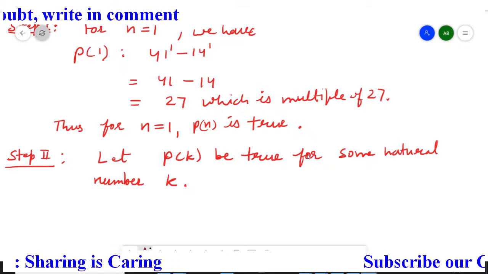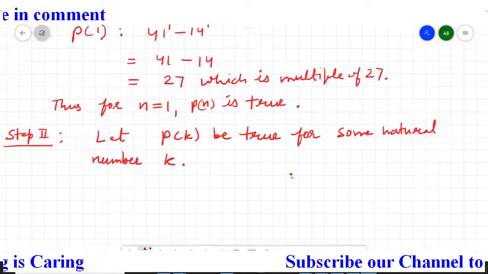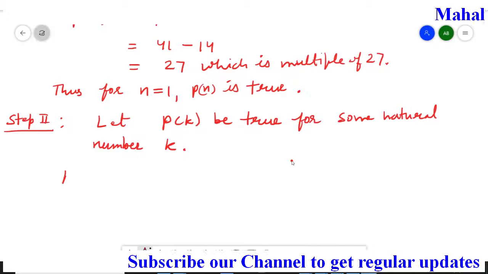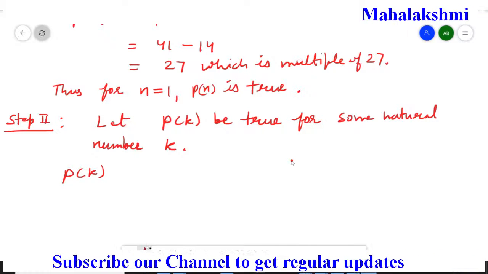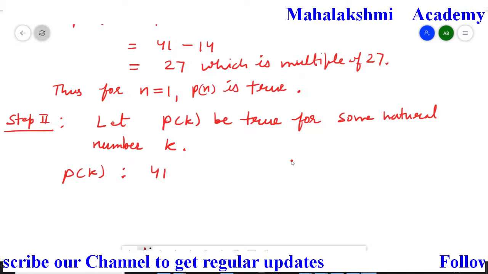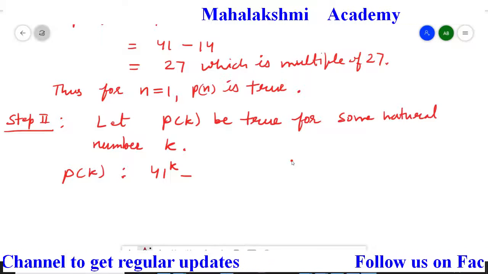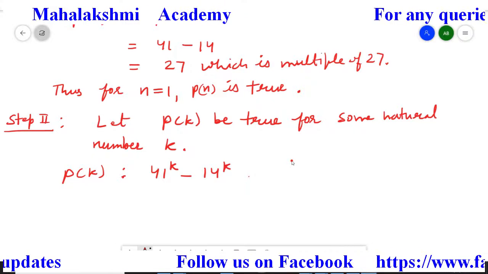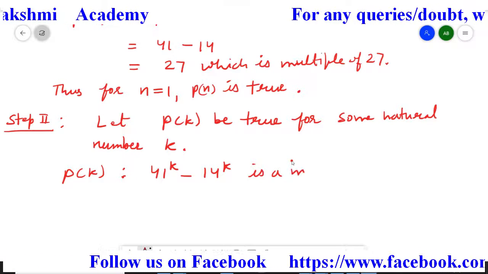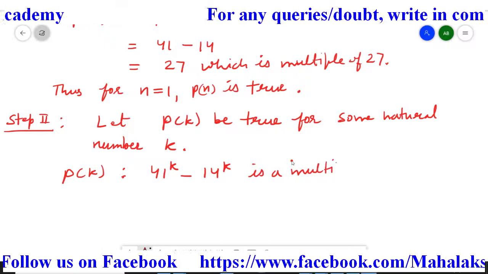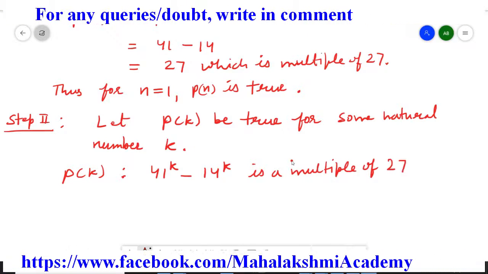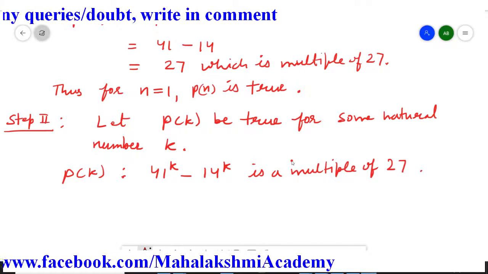So in our question, instead of n, we have to replace n by k. So we are going to get the Pk statement. So Pk statement is going to be 41 raised power k minus 14 raised power k is a multiple of 27. So this statement we do not have to prove.